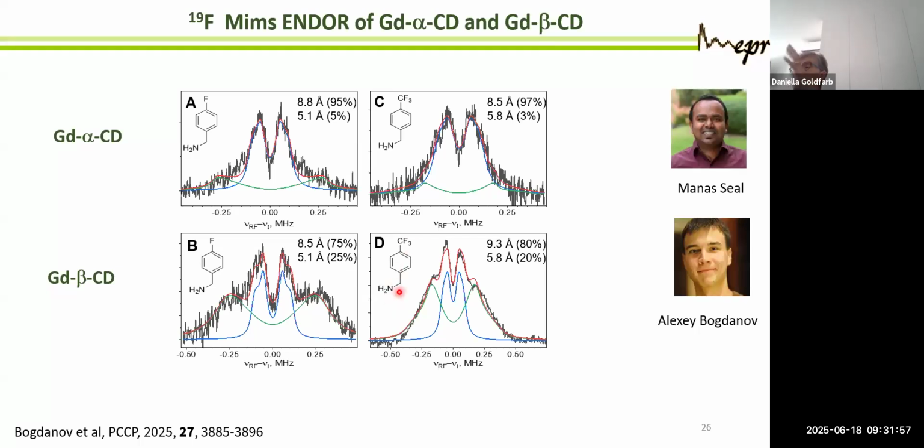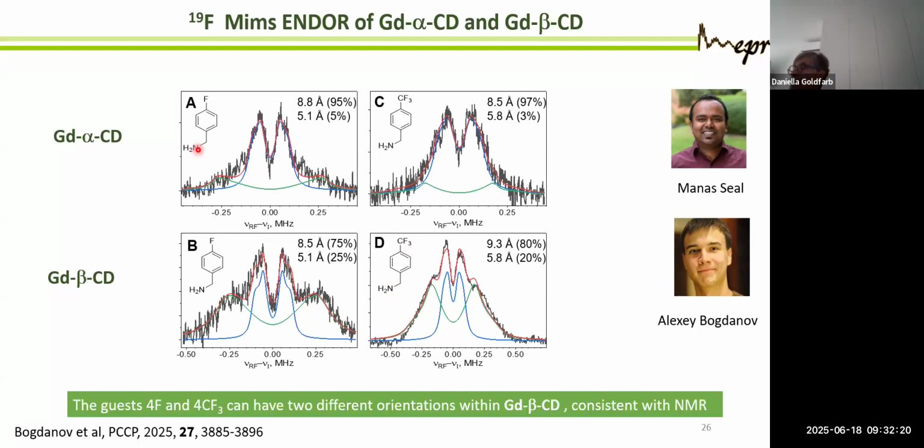Now we really wanted to know if we could get structural information, what's the orientation in the cage. Amnon and Elad thought that this could be binding very weakly to the gadolinium, and then this would dictate the orientation of this molecule in the cage.